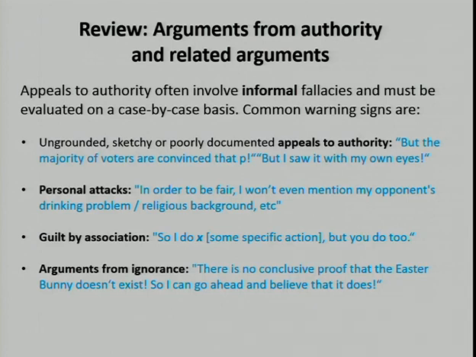There are other ones, but these are the main ones that we had discussed, so that's a good thing to keep in mind. First way it can go wrong, it's just a bad appeal to authority. The person wasn't in a position to know. The person is an expert on one thing, but whatever they're an expert on isn't what they're claiming. So it doesn't have the relevant type of expertise, and so on and so forth.